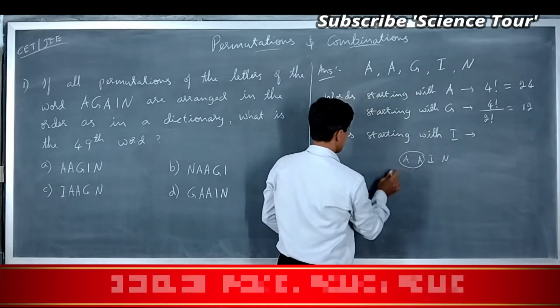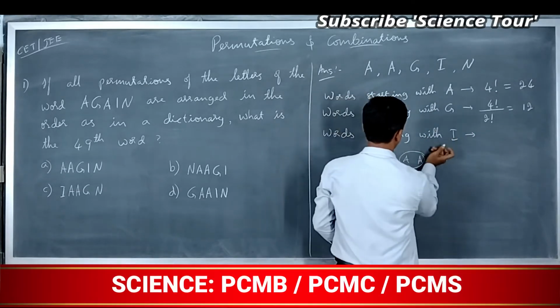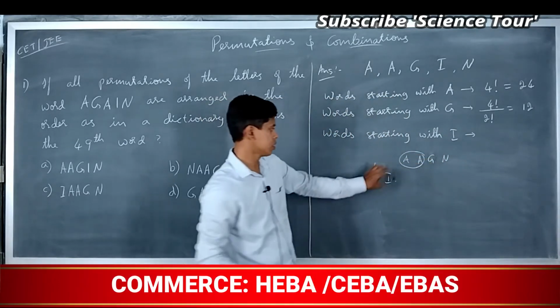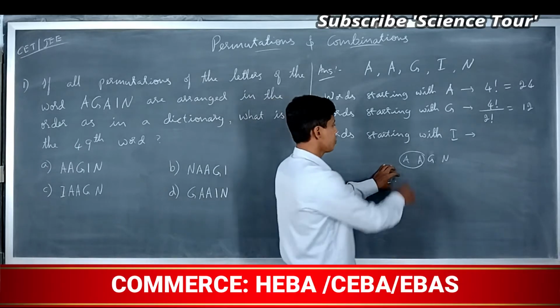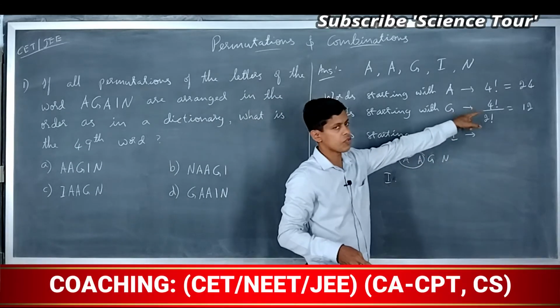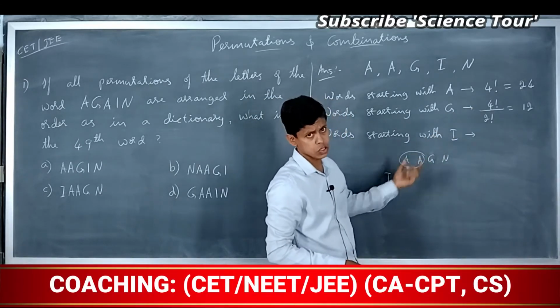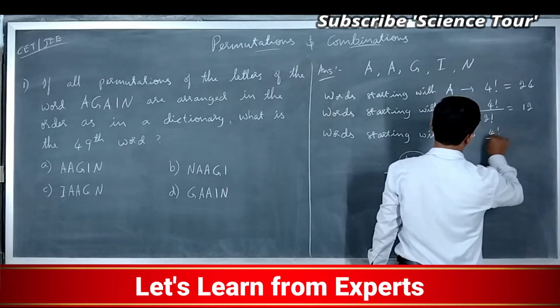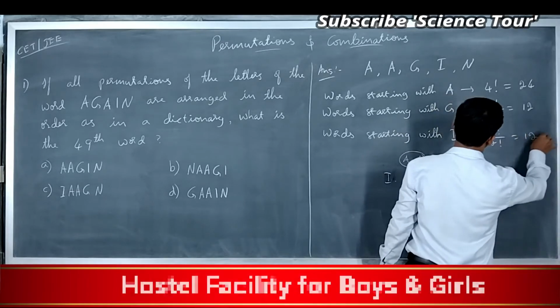You have to fix I now, and you have to arrange A, A, G, and N. Once again, 4 factorial by 2 factorial, because 2 A's are repeated. So that will be again 12.